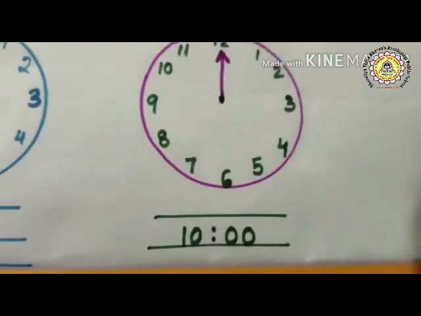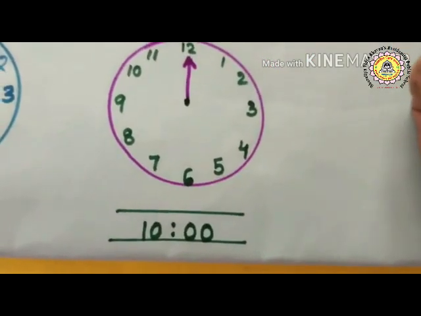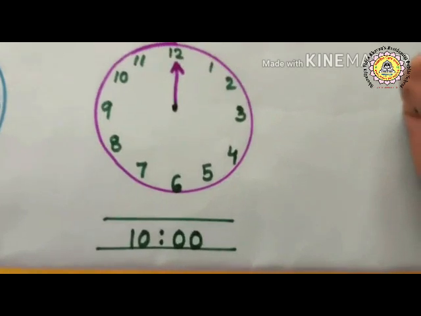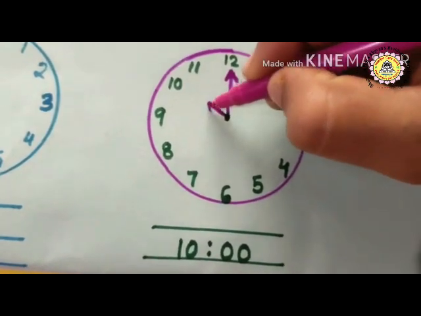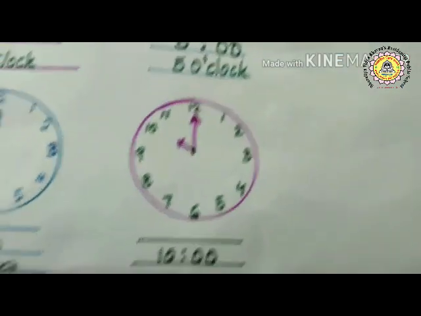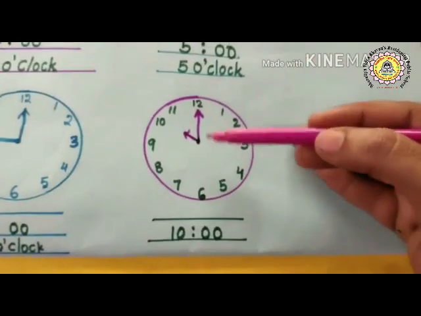Okay. Now which number does the short hand have to show? Yes, 10 o'clock. So we have to draw short hand towards 10. So what is the time in this clock now? 10 o'clock.